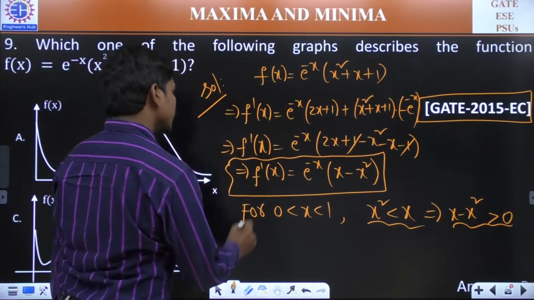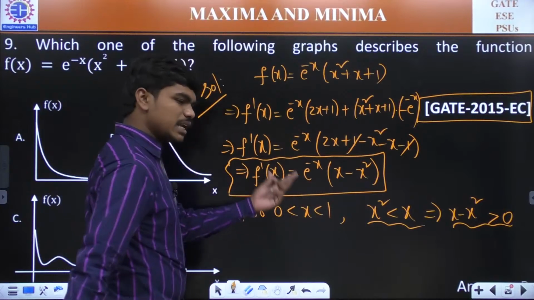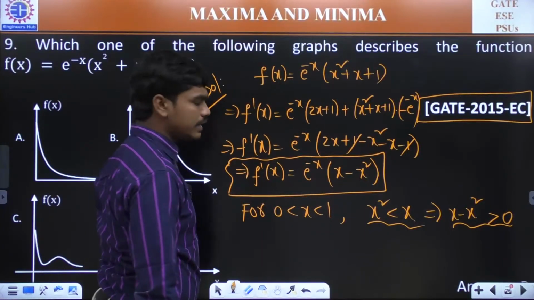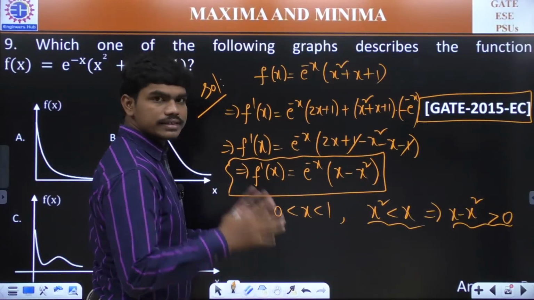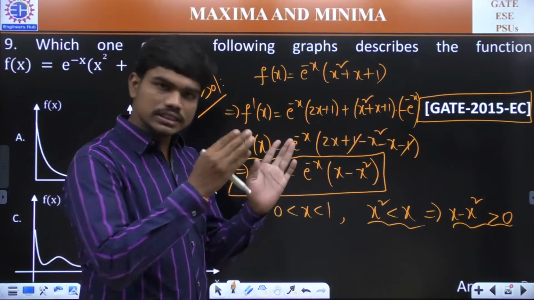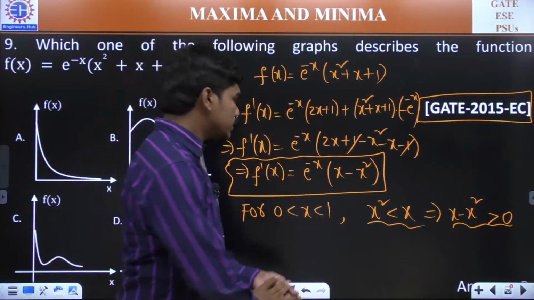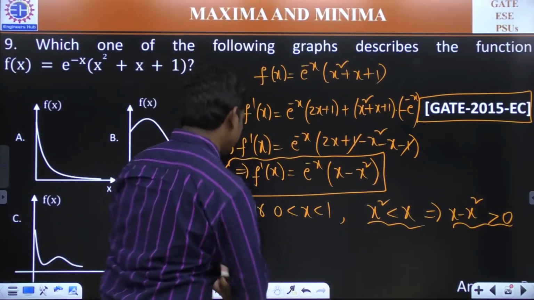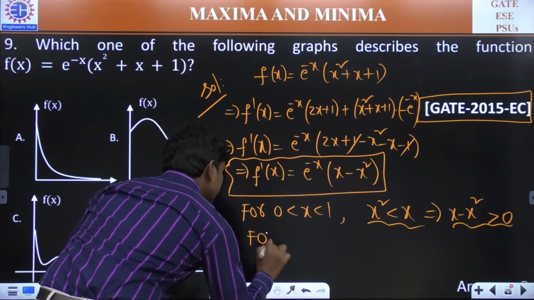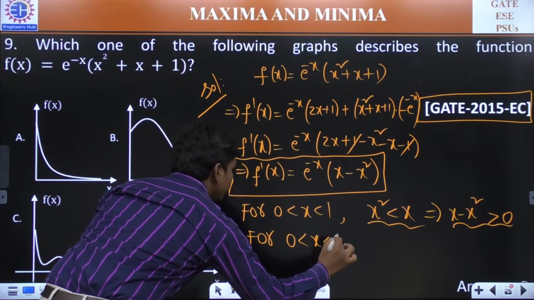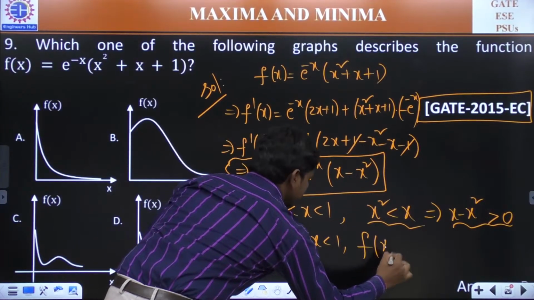If x square is less than x, then definitely this x minus x square has to be positive. If this is positive, what could be this e power minus x? This e power minus x is always positive, independent of the value of x. Whether x is lying in between 0 and 1, or it's negative or it's positive, it doesn't matter. This e power minus x is always positive, which means, can I tell for 0 less than x less than 1, f of x is increasing?